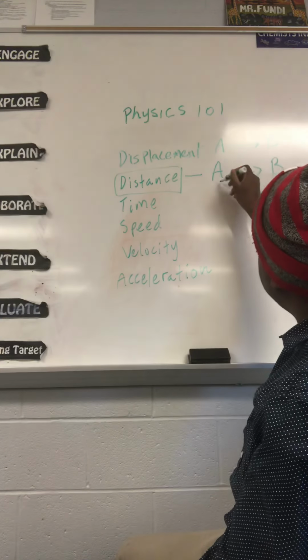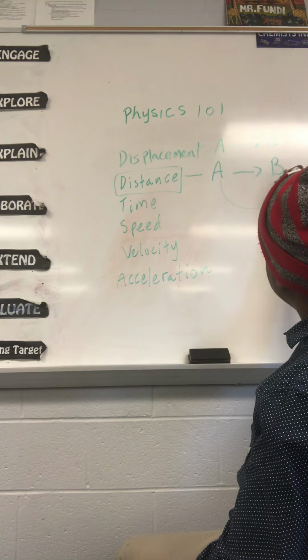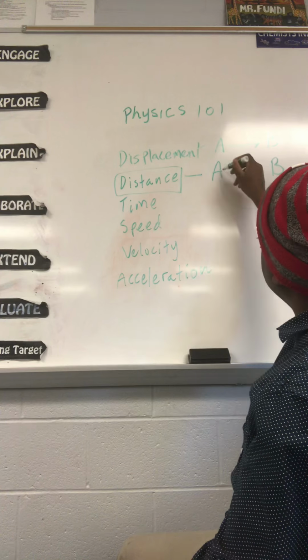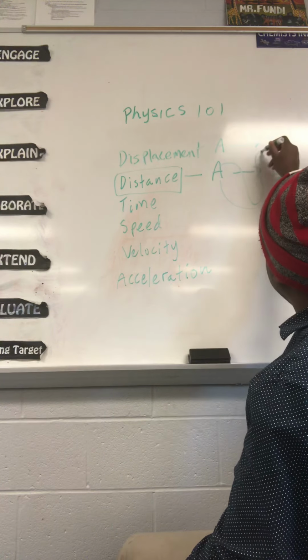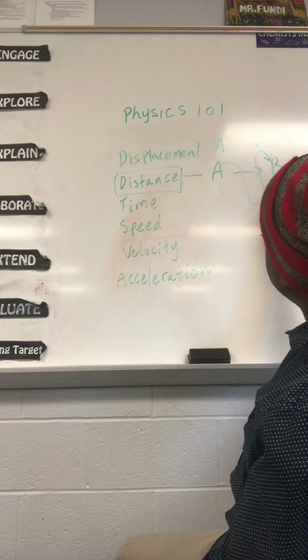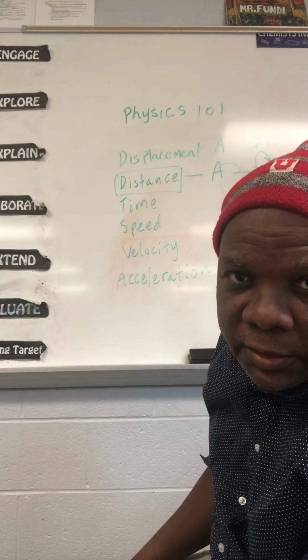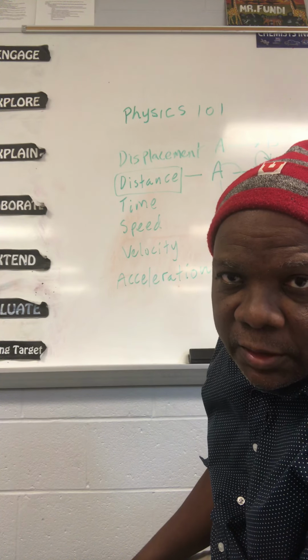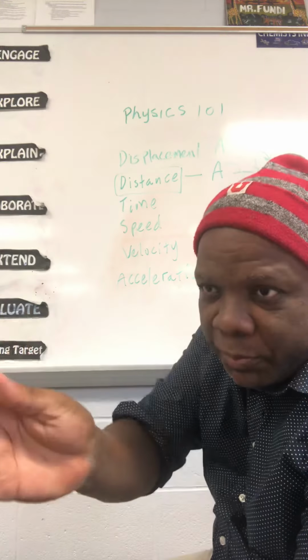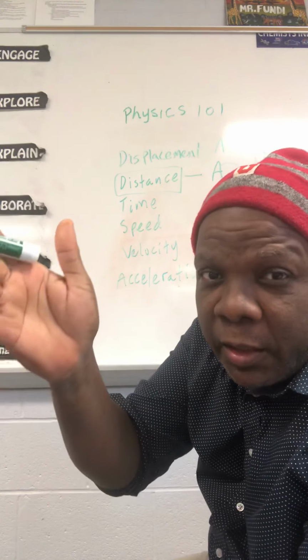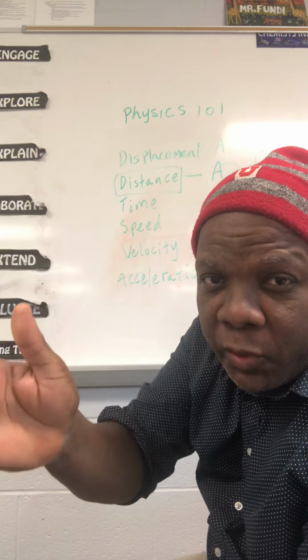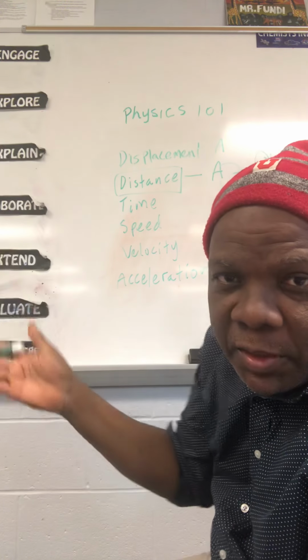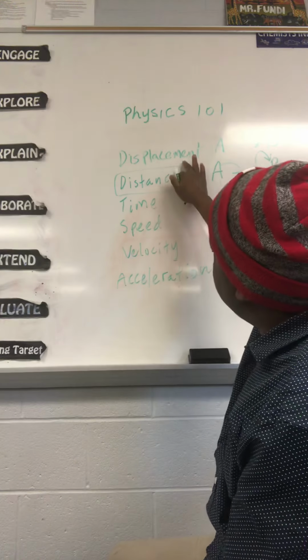Distance can be covered by moving this way to get to B, or moving this way to get to B. This all is distance, so there's a difference. But the straight line that connects A and B, that is what we call displacement.